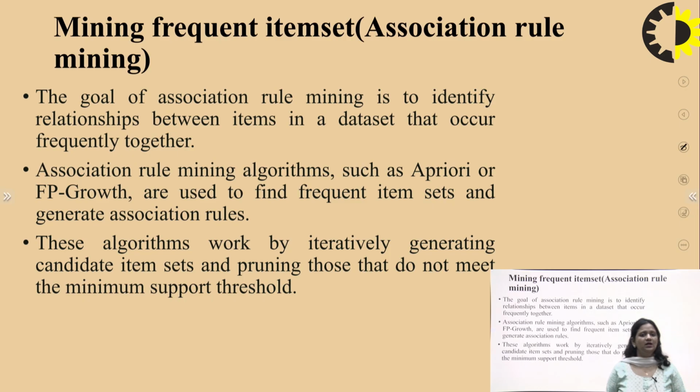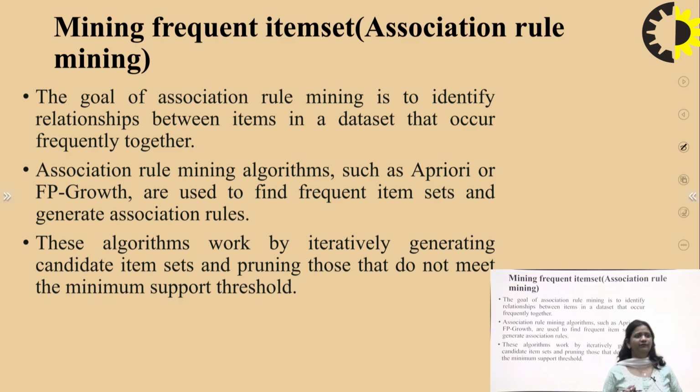At this point we understand the basic concepts and terminologies used in the Apriori algorithm. Now, mining frequent item sets. How do we generate a frequent item set using association rule mining via the Apriori algorithm? The goal of association rule mining is to identify relationships between items in a data set that occur frequently.